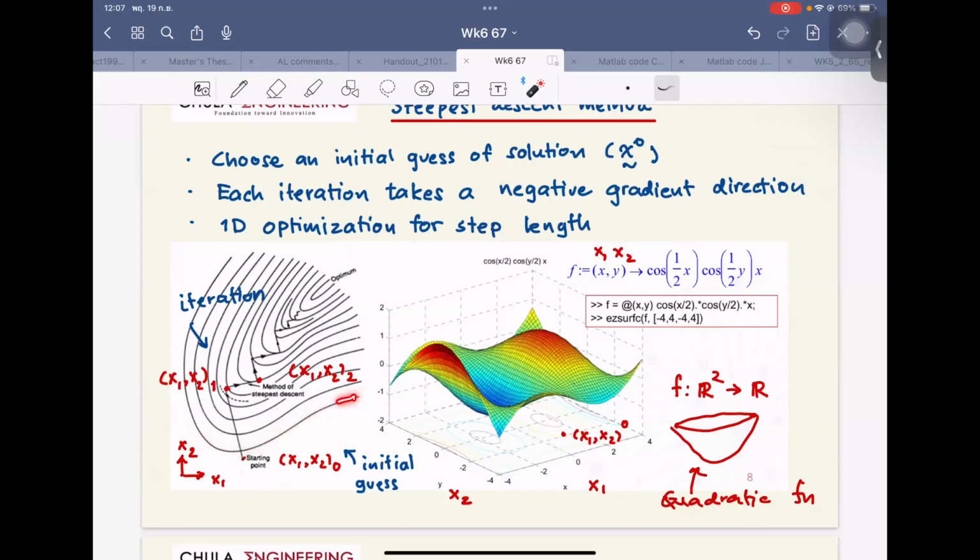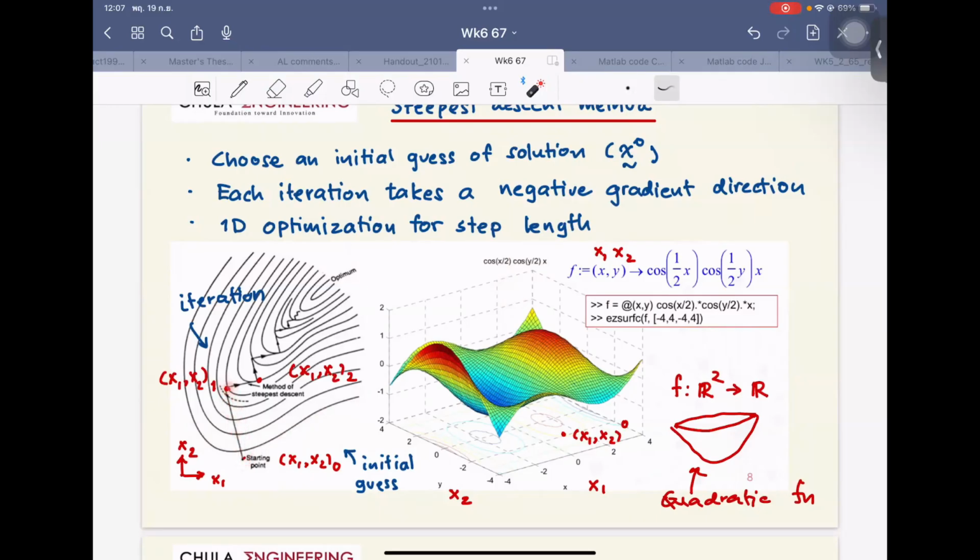Now with the initial guess, if you look from the top view and draw the contour lines, you start with some point and find the gradient. You go in the negative gradient direction and stop at some point. This is your new solution.